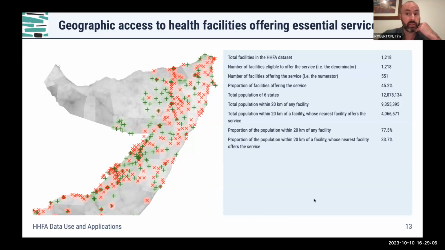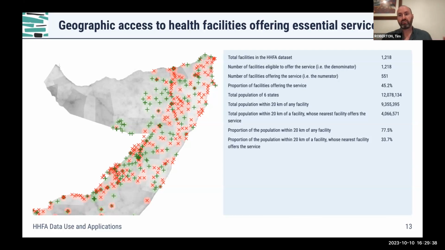So this is something that the Somalia team has wanted to do, and which we're doing, which is to say, given that there's a certain number of facilities across a country or across a state, and given that only some of the facilities are potentially offering a service or are ready to offer services, then you can calculate the proportion of the population within, say, 20 kilometers or some other distance of the facility.